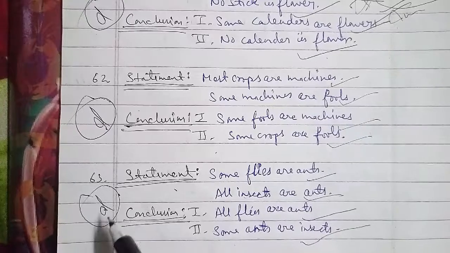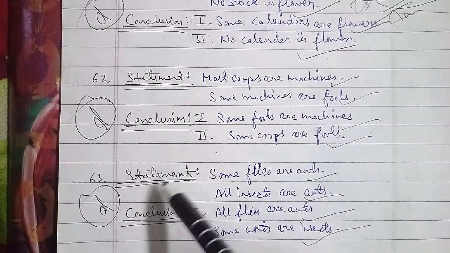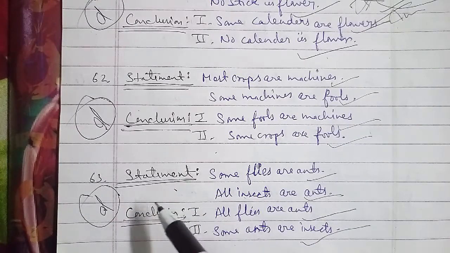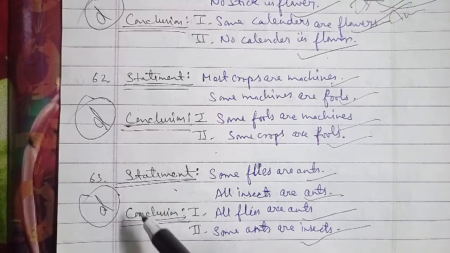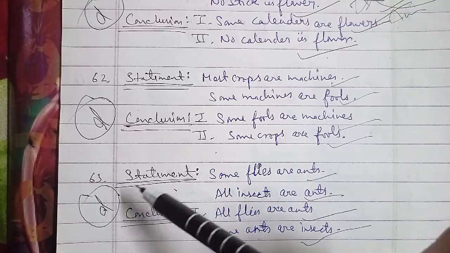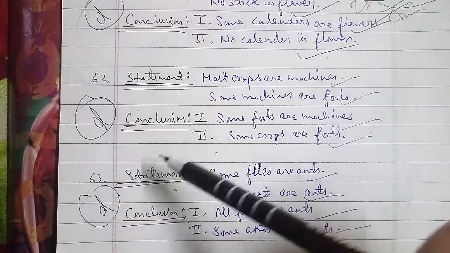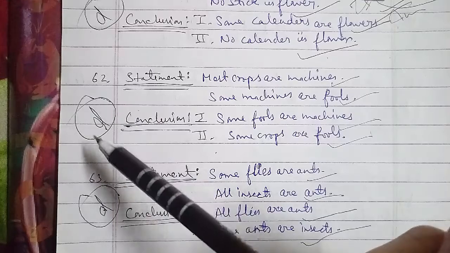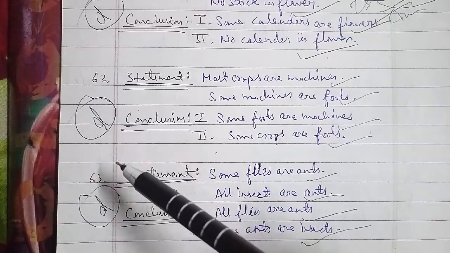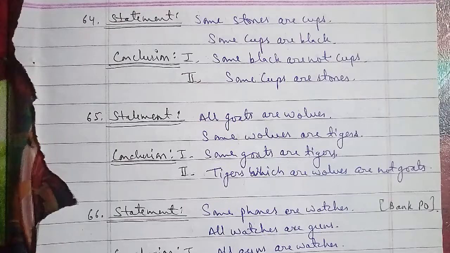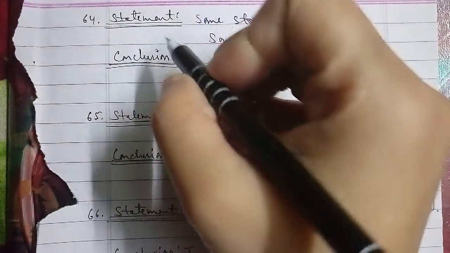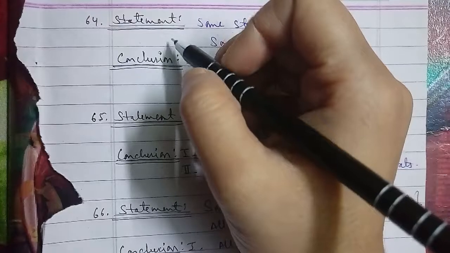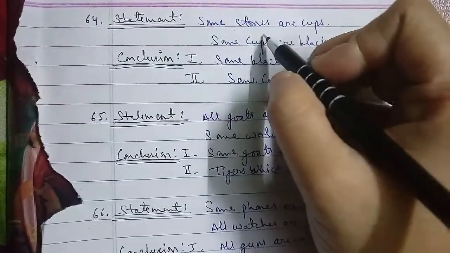The statement we have been given is some stones are cups and some cups are black, and the conclusions given are some blacks are not cups and some cups are stones. With regard to this, since both the premises are particular, no conclusion will follow here, so we will go with option D as the right answer for this question here.